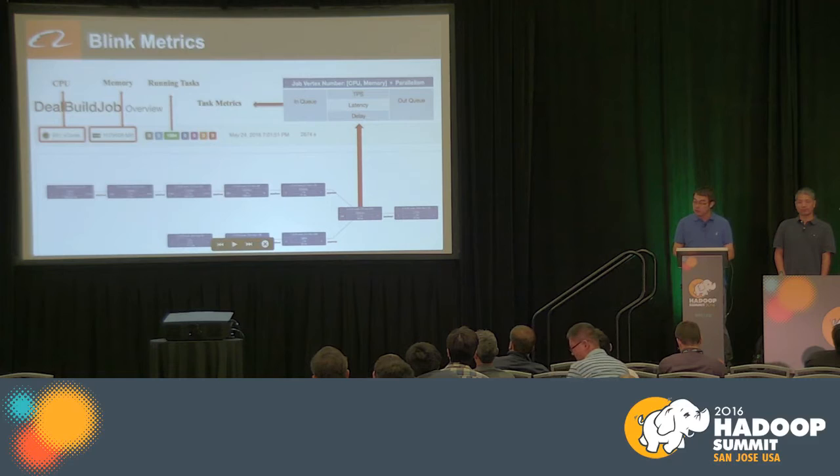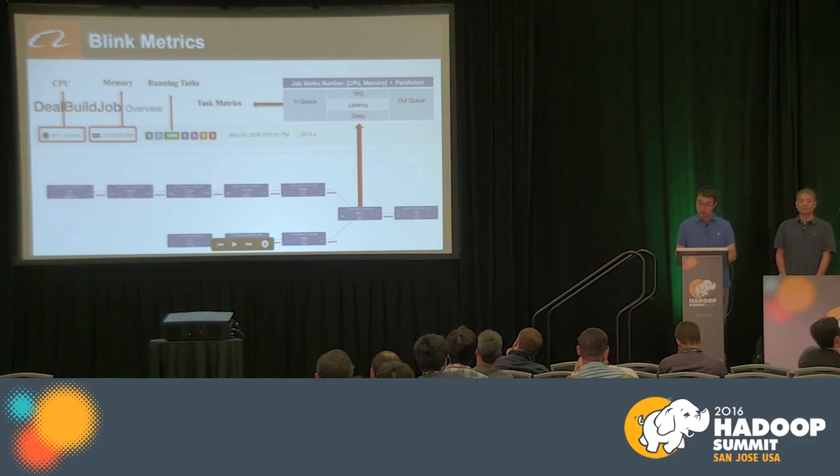Okay. Besides the runtime improvements, as mentioned before, Blink also provides a new job UI, which can show more runtime metrics for the job, such as the job resource usage, CPU and memory, and the task metrics, such as the TPS, latency, and the message transfer delay from upstream to downstream.